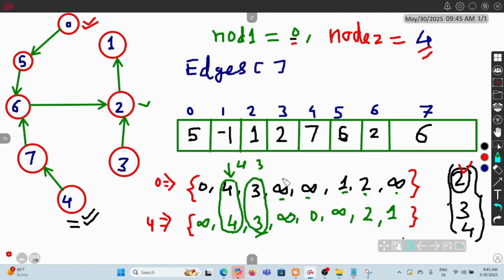These are infinite, not reachable. This is also reachable, the distances are 2 and 2, so the maximum is 2. Now this is not reachable. So out of these values, the minimum is 2, which is coming from node number 6. So 6 would be our answer. This is what we are doing here.